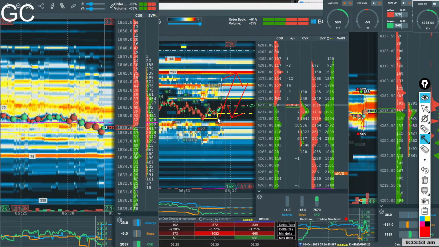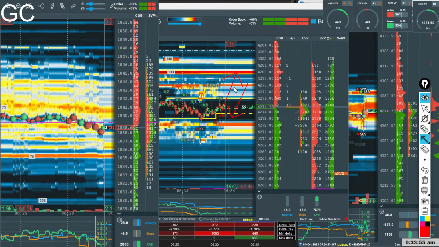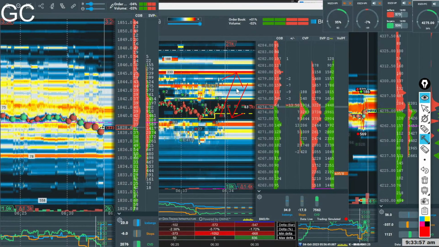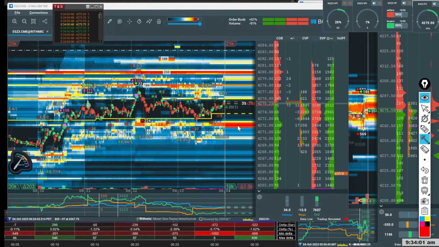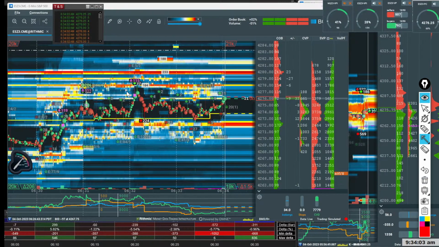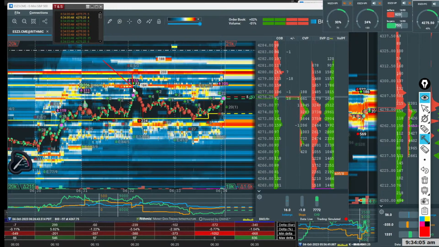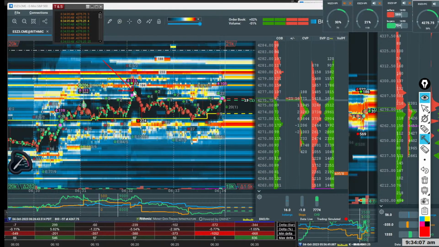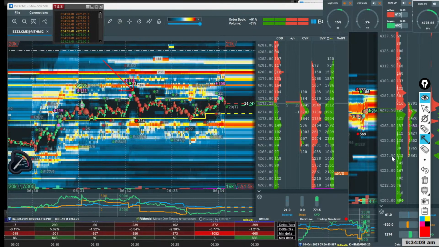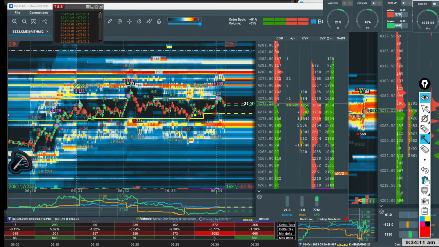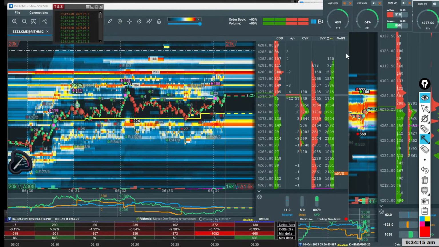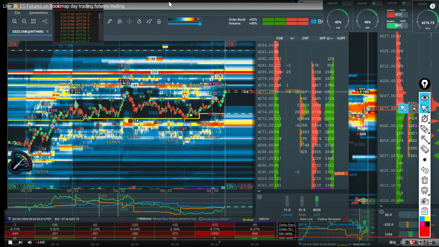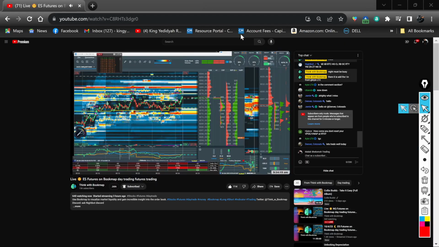Right, the developing POC is moving up, price is moving up with it. Right, so looking like we're gonna break those highs right there. So we probably go in for overnight high, and I should get a nice entry here at the golden pivot zone.